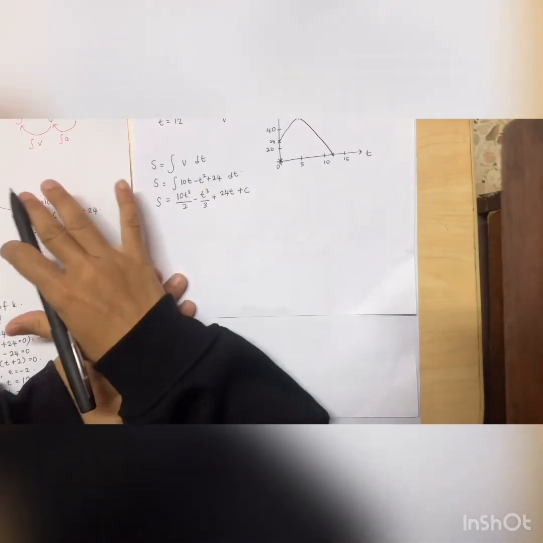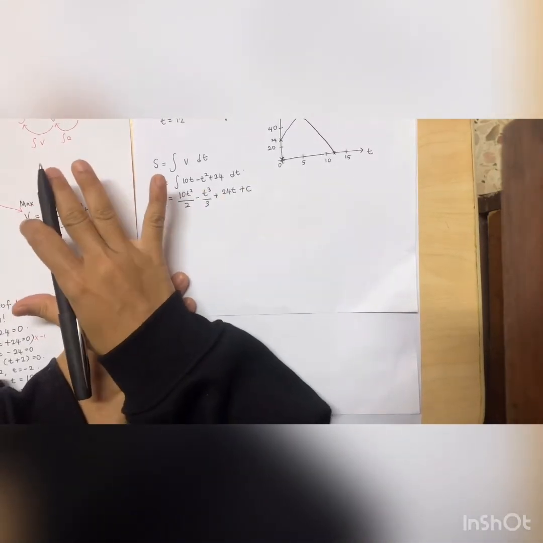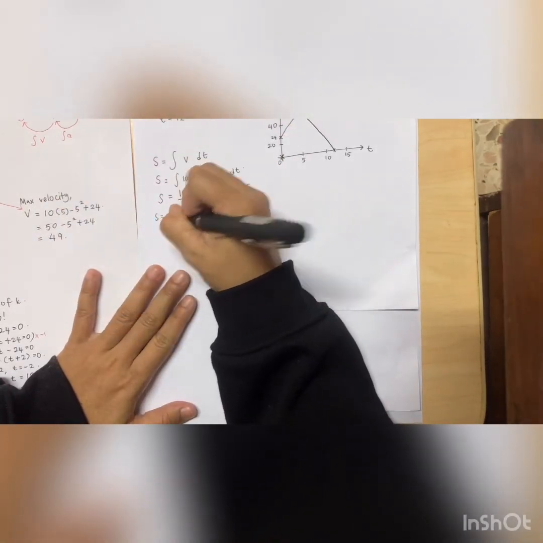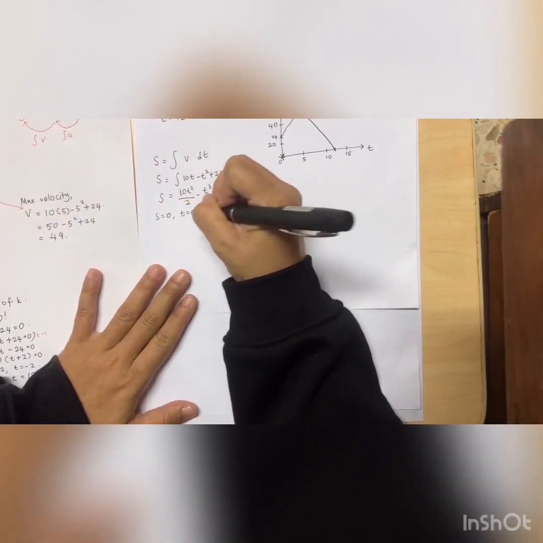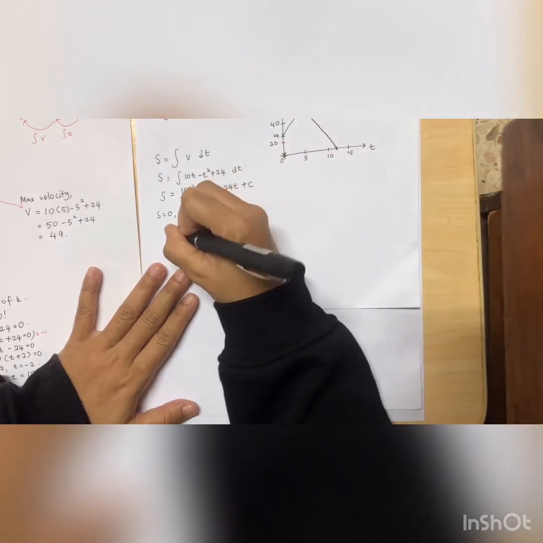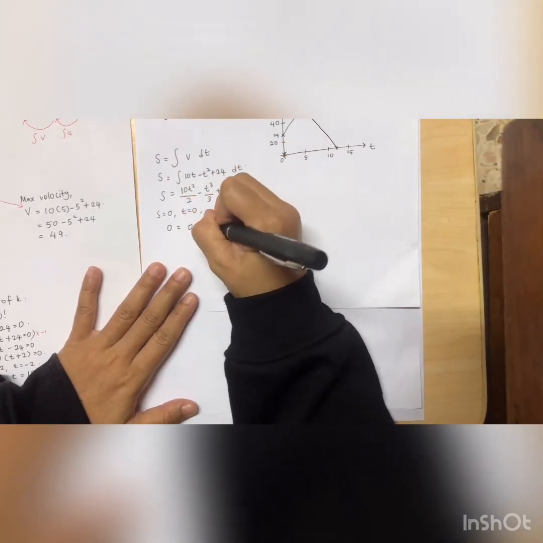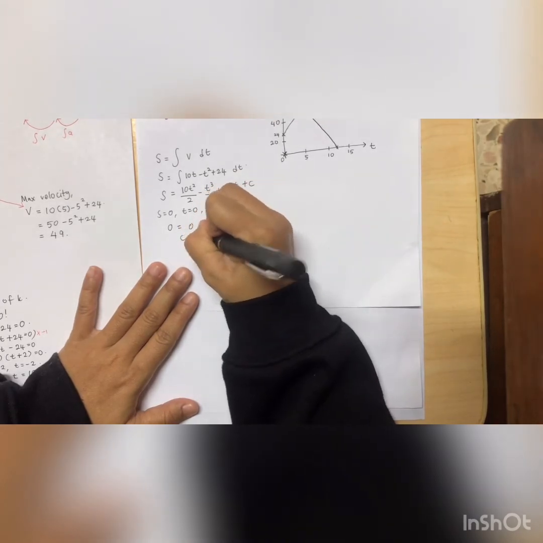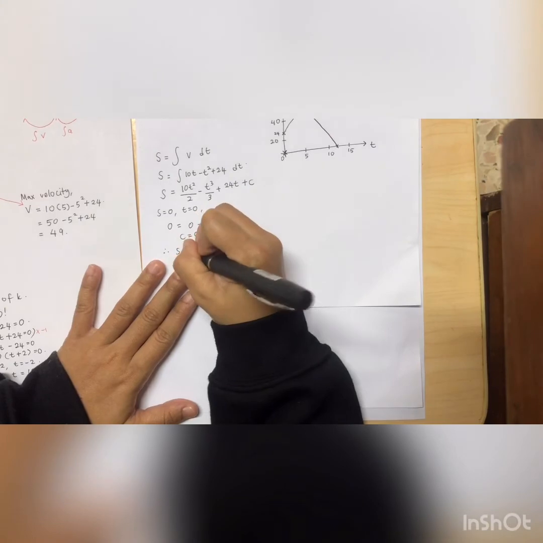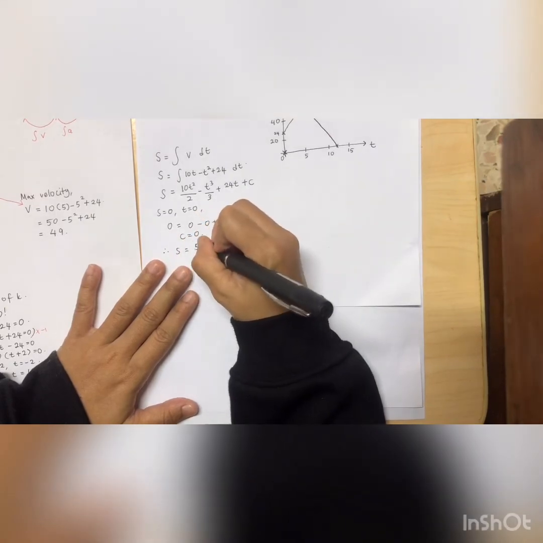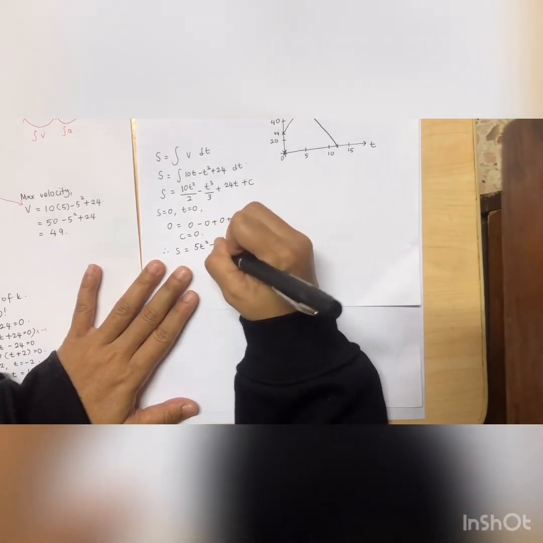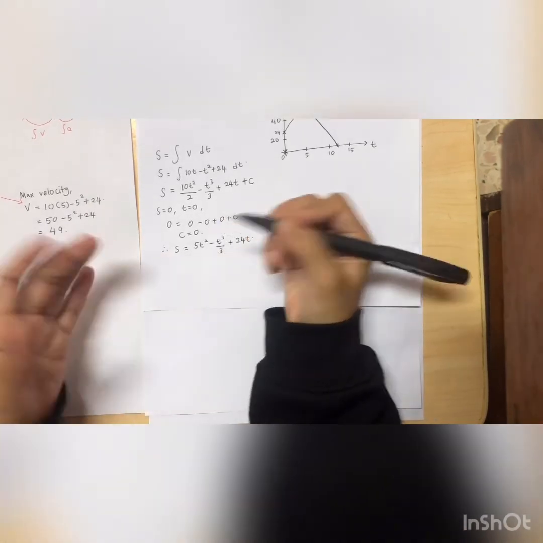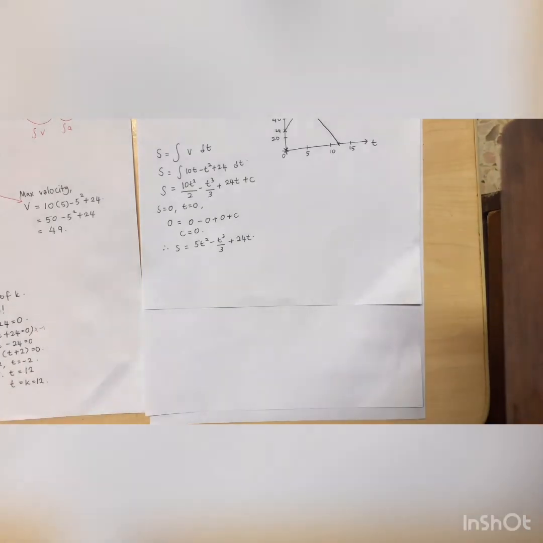From the question, there's no value of s given, so we can say that s is 0 when t is 0, so we just substitute everything into the formula. So we see that c equals 0. So our equation of s is 5t squared minus t power 3 over 3 plus 24t. And since c is 0, I don't put it anymore.